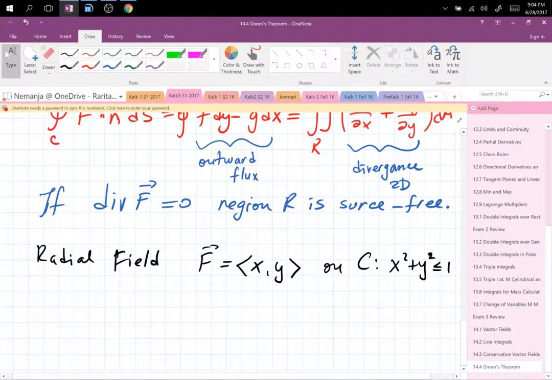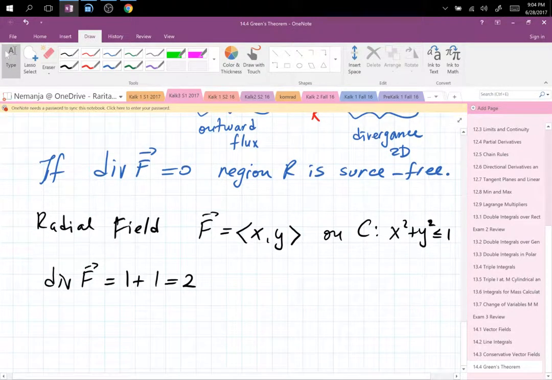And we compute divergence first. Divergence of F is the partial F partial X is 1 in this case, plus partial G partial Y, which is 1. So we get that divergence is 2.